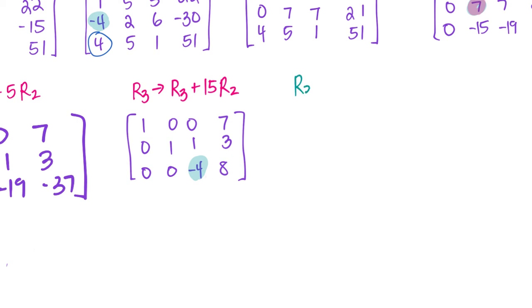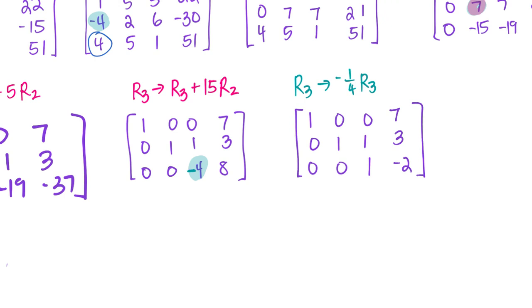So row 3, we're going to get 1/4 of row 3. But not only that, since it's a negative, we're going to do negative. Okay, so dividing by 4, the zeros would stay the same. Negative 4 divided by negative 4 is positive 1. And then negative 1/4 times 8 is negative 2.